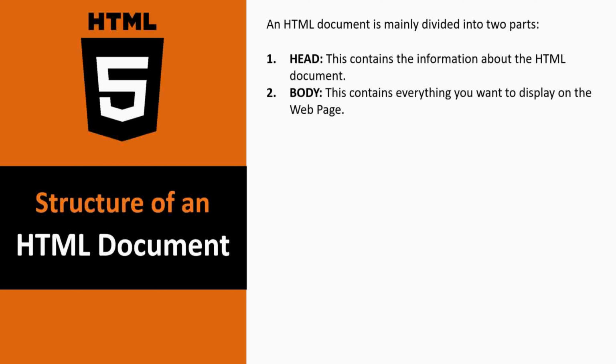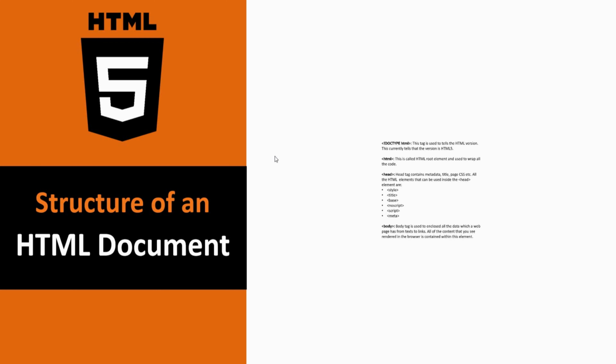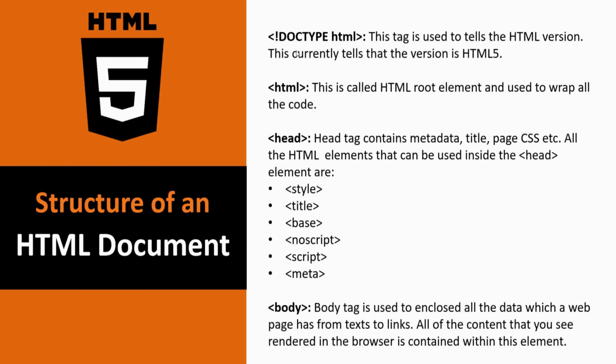Body contains everything you want to display on the web page. This is the basic structure of an HTML document, which consists of doctype HTML, HTML tag, head tag, title, body, and closing tags. Now we will elaborate all these.